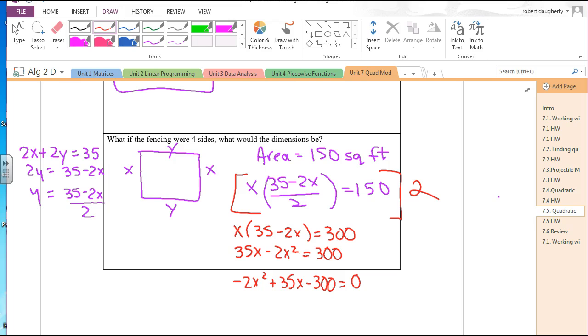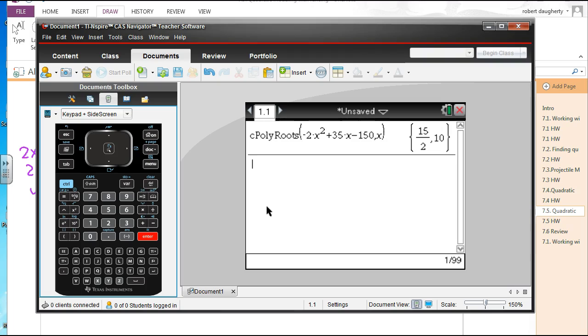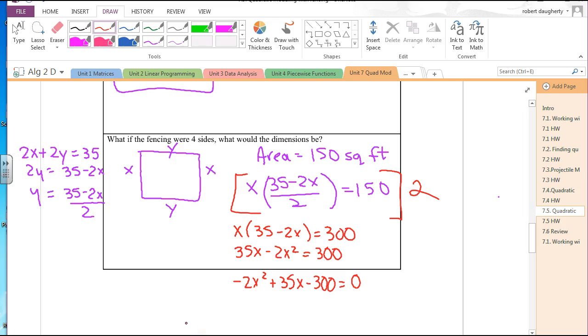Yeah, I go back, and fortunately, I should be able to do it pretty quickly. Go back, recall this equation. Well, when I multiply on the left side by 2, that cancels. It stays right there, 35x minus 2x squared.